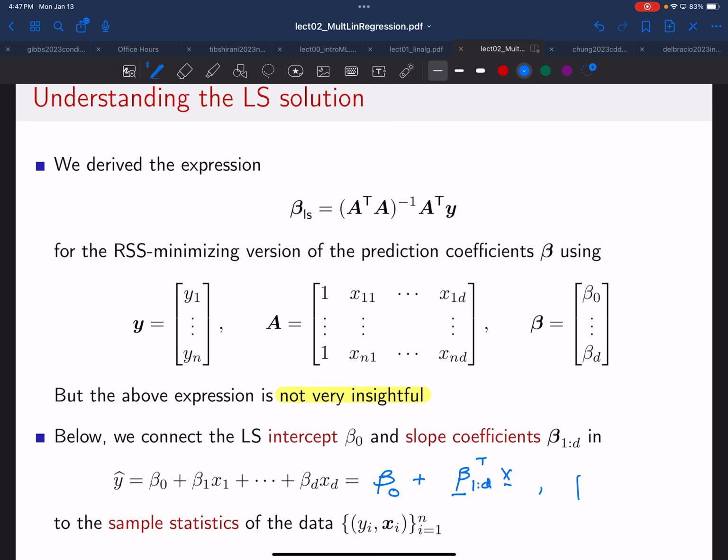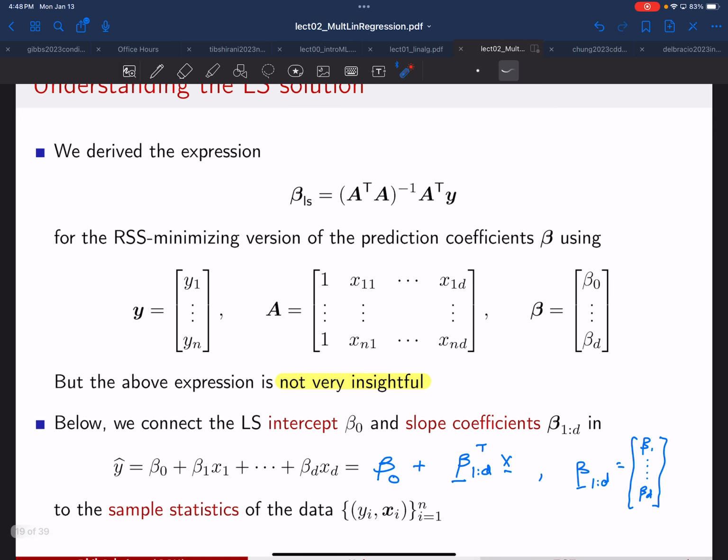This beta 1 through d is going to contain beta 1 through beta d, but it is not going to contain beta 0. You can see that this one is just a shift, and then these are slope coefficients that are multiplying against the feature values in the x vector. So that's why they have very different functions, and we're notating them in different ways.